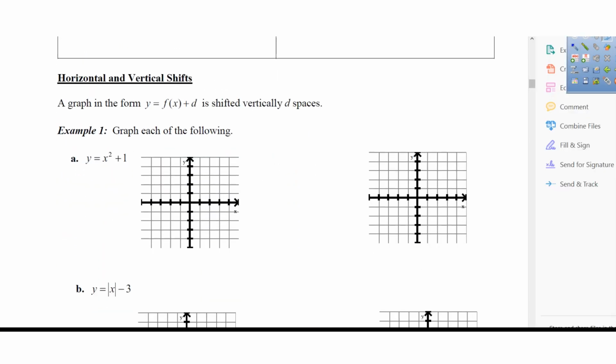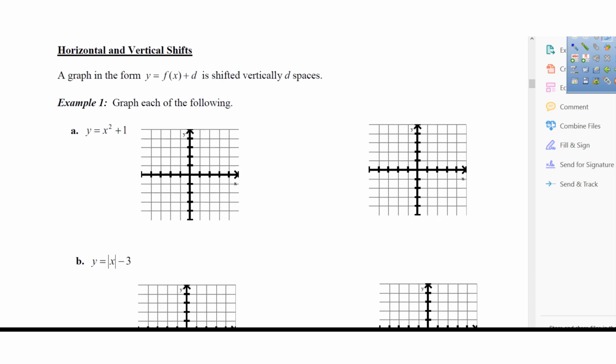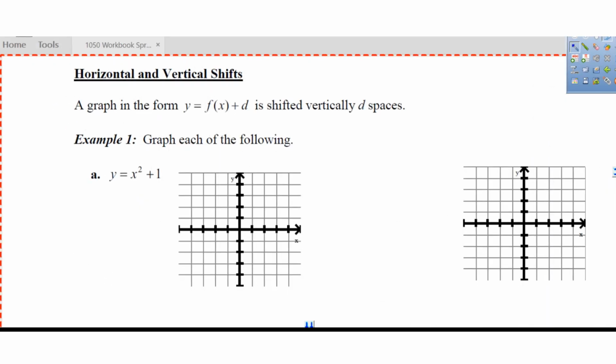You have to know, when I say, is it inside or is it outside, you have to be able to identify that. So everybody look right here. f of x is your function, whatever that is. Do you see how the D is outside?